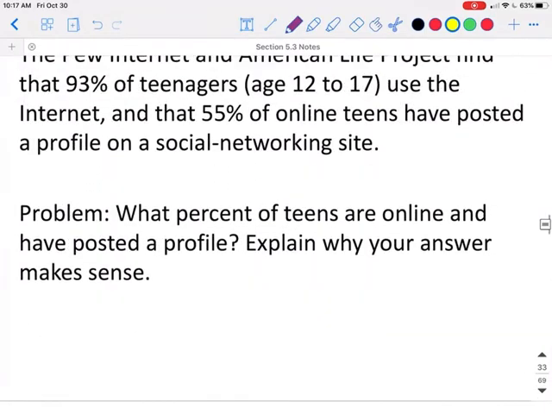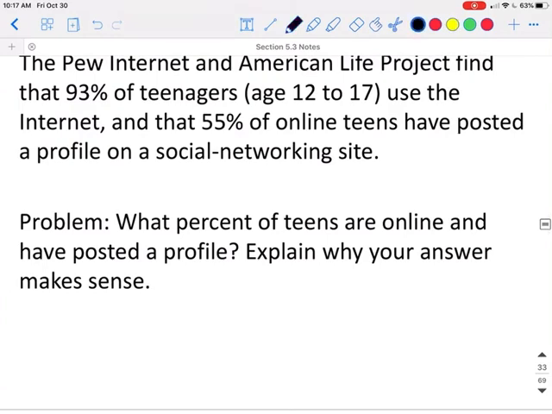So we can first start by making a tree diagram. Are the teens online or are they not online? So online teens and not online teens. We know that 93% of them are online, and we know that 7% of the teens are not online.